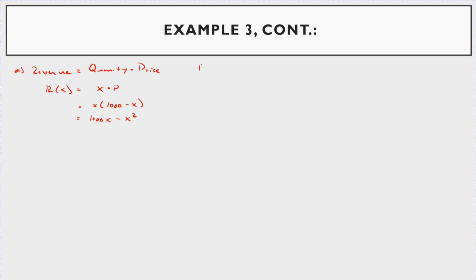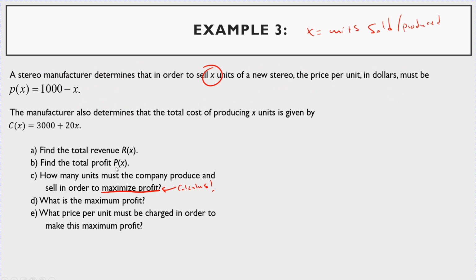The next thing it asks is, what is the profit? Profit is the total revenue you make minus the total cost. The total revenue is this R of X function, and the total cost is the cost function C of X, equal to 3,000 plus 20X.